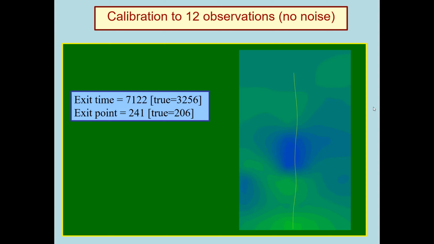Now when we think about it, that's not too surprising. The time it takes for that particle to reach the bottom of the system is sensitive to hydraulic property detail, but it is impossible to capture that detail from a mere 12 head observations. Hence, we have a very subdued reflection of reality in the calibrated parameter field that emerges from 12 head observations.